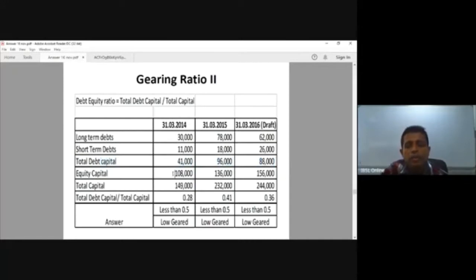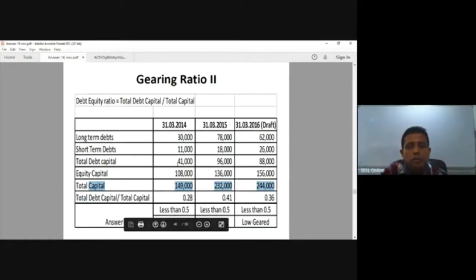Then equity capital we have already taken into account in the previous calculation. Then you can calculate the total capital. Total capital is 149, 232, 244. Right?